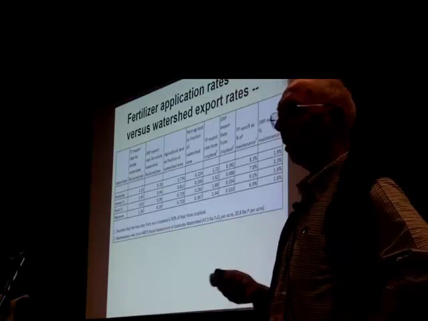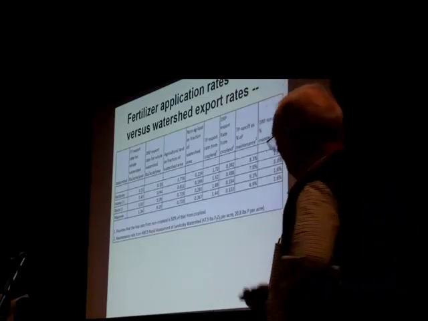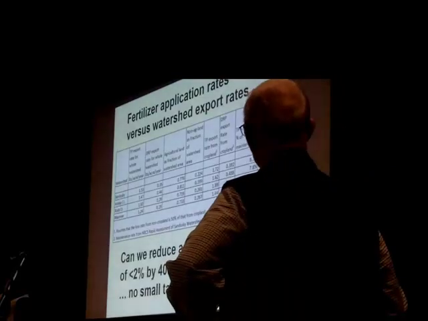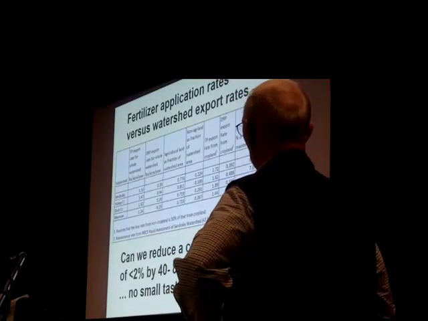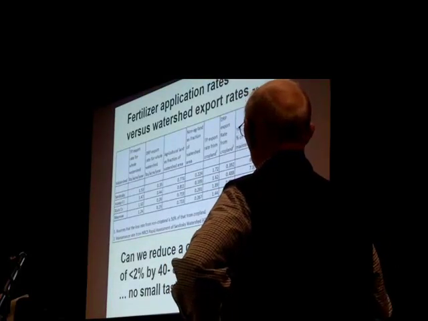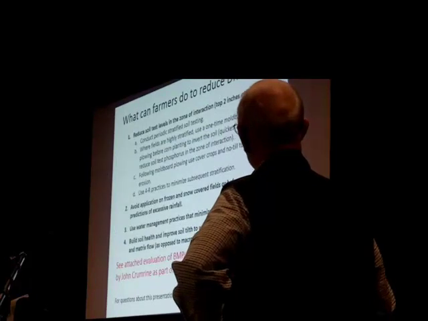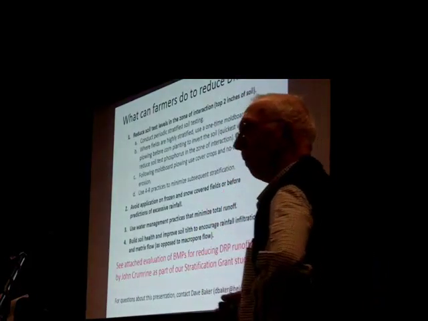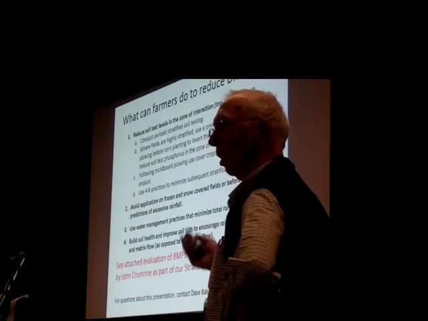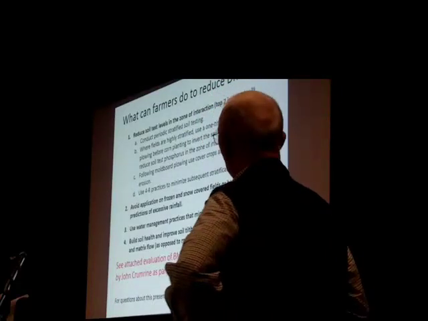And so what can we do? How do we reduce this loss rate, which is less than 2%, by 40%? Well, a lot of the efforts in the conference today are working on this issue.